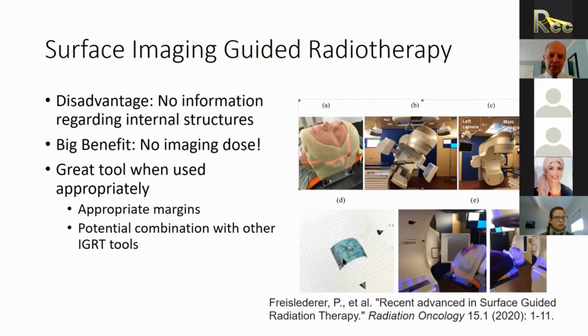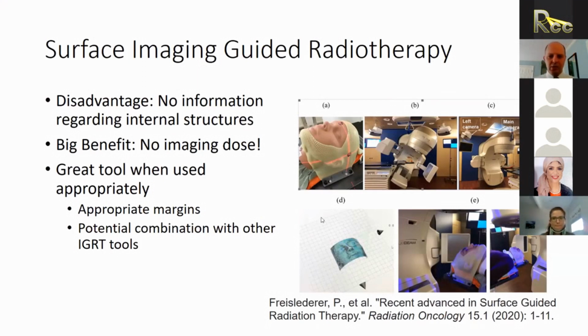Obviously, we've already talked about how bony anatomy doesn't perfectly align with your internal target position, and you'll have the same issues here with surface imaging. But that being said, within something rigid like a head, there may not be that much motion or change, whereas if you have something lower down in the abdomen, that correlation may or may not be as good.